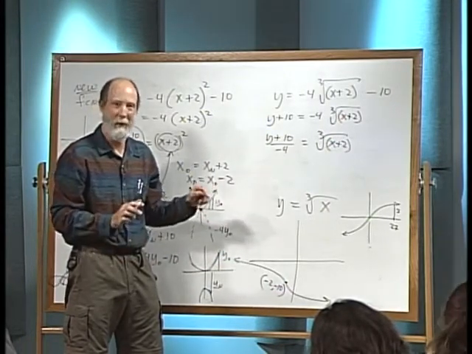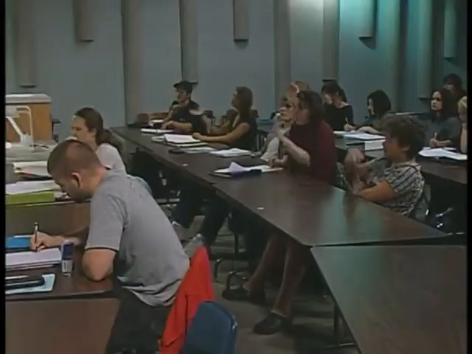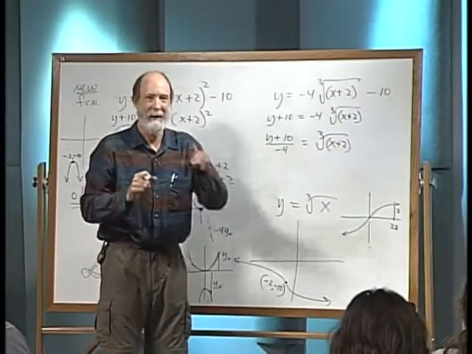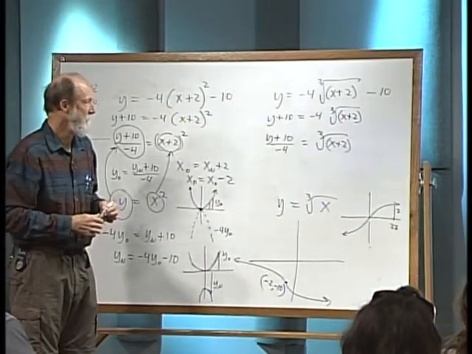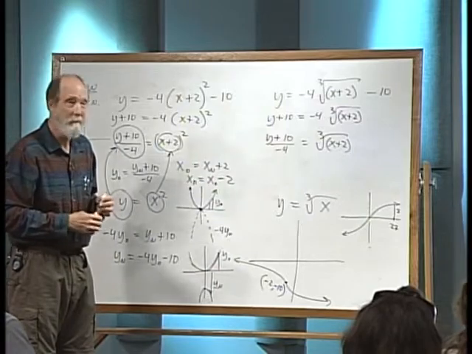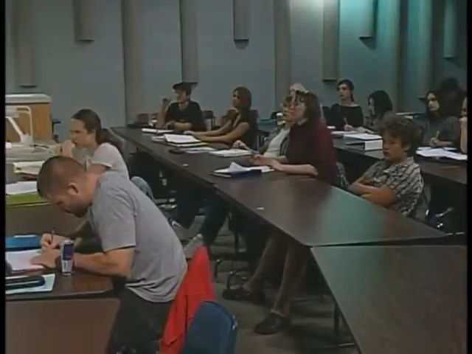How many of you are feeling like you're starting to get it? That's a good sign. The people I'm worried about are the ones who didn't raise their hand. Yes, Tyler? Wouldn't it be to the left 2 for the cube root, or cube root 2? Here's why it goes to the left. You're taking these old x's inside that cube root and replacing them with x plus 2, some new x plus 2.